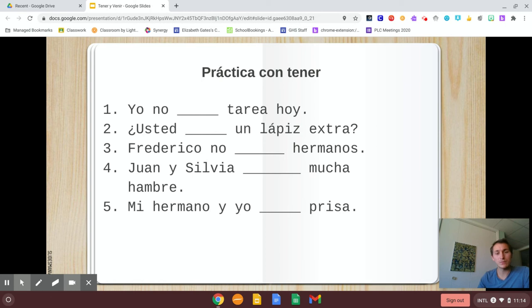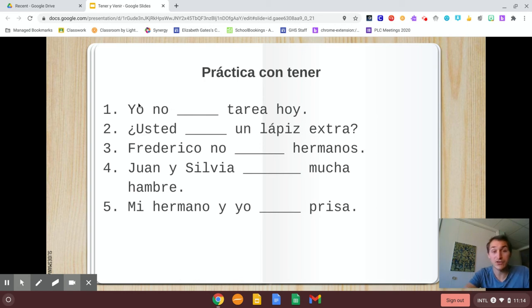Federico no hermanos. Juan y Silvia, mucha hambre. Mi hermano y yo, prisa.